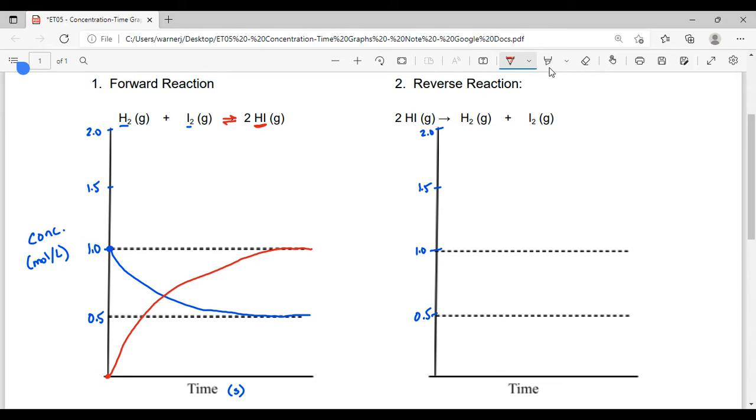Now, let's start instead with the reverse. What if we started with HI? Let's start with 2 moles of HI, so I start with an entire container full of HI. Over time, that HI is going to react and get used up until we get to the point where it levels off.